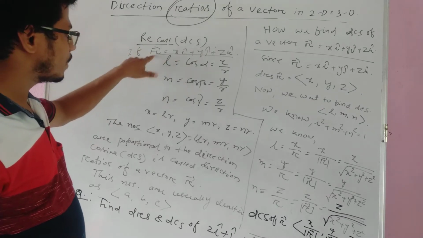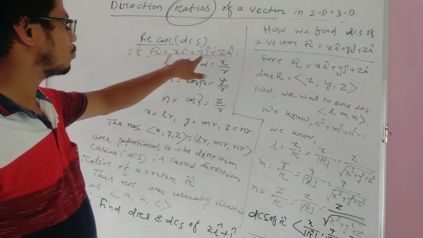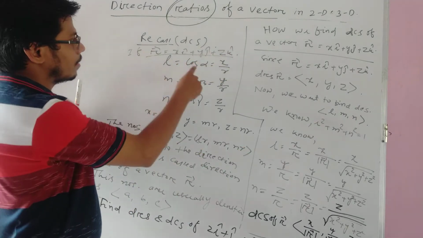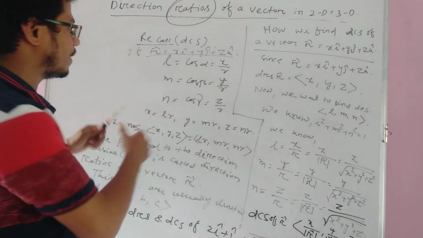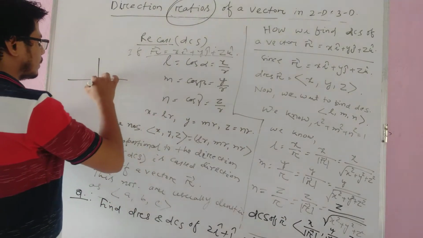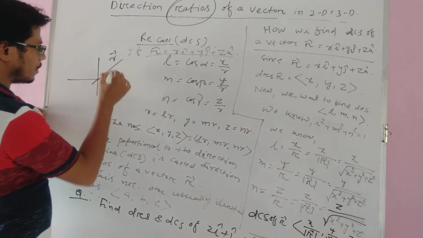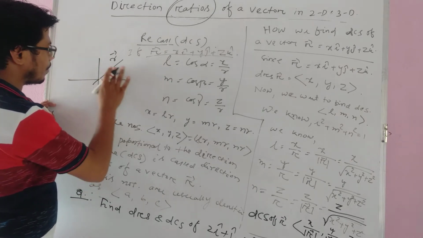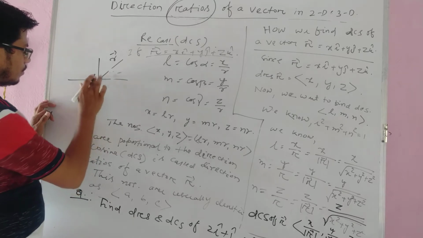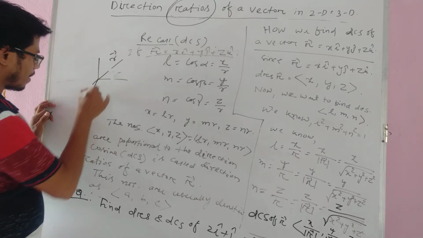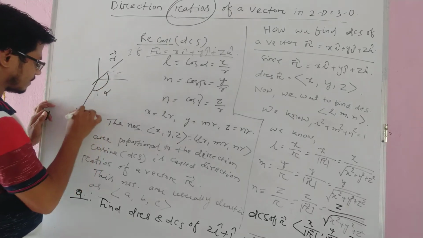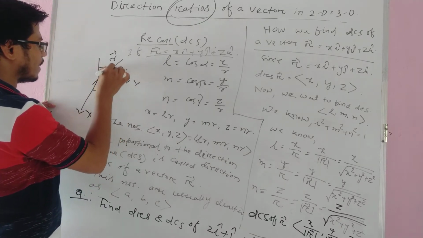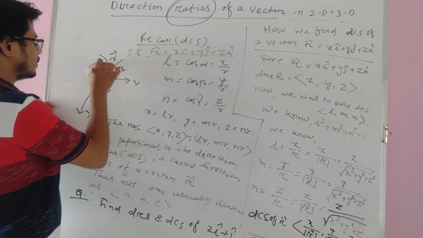If the vector r equals x i plus y j plus z k in component form, then this vector r makes angle alpha with the x axis, angle beta with the y axis, and angle gamma with the z axis.